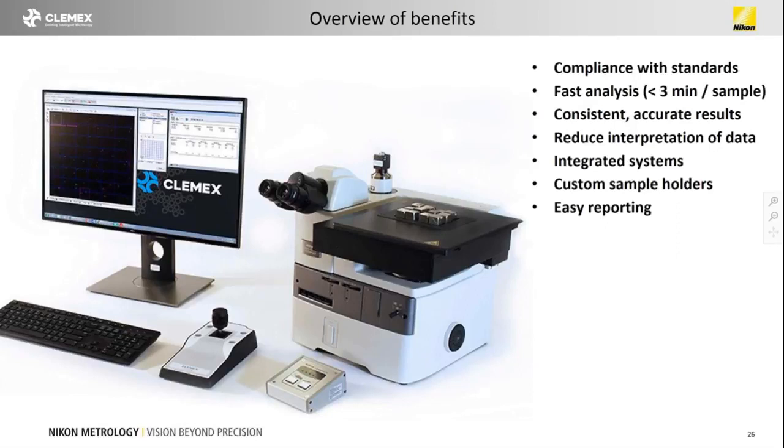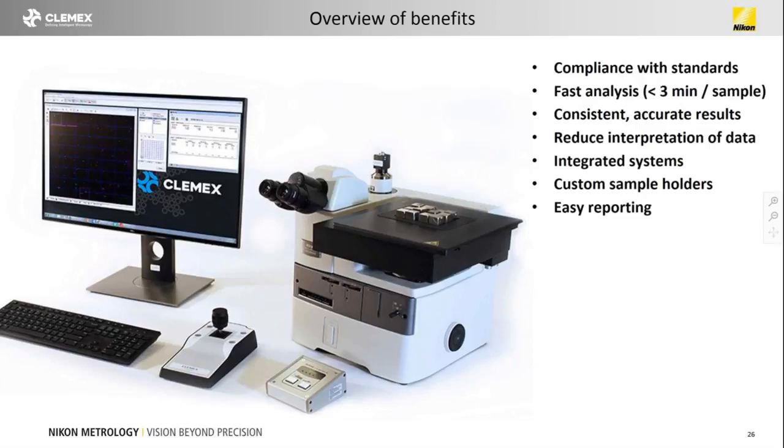We get consistent and accurate results because of the precision of an auto stage and our software, which in turn reduces the interpretation of data. An operator can interpret data differently from one to another. You can get different data. That's not the case for CIR.